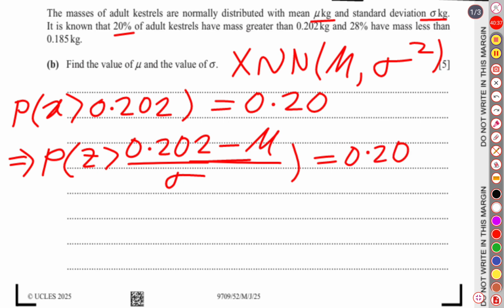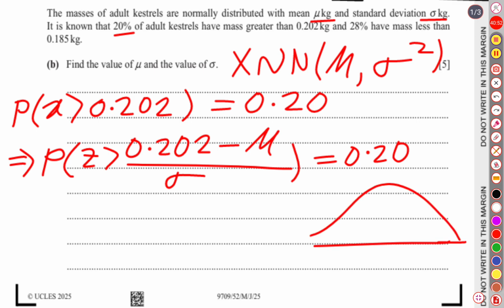Well, then we will have to analyze where the z-score lies, whether it lies on the left side or right side. Through the graph, we can explain this. If I show through a diagram, look at this. This is the graph. So here our probability is a very tiny part. It's 0.20 and on the right side of the z-score. That means this dark shaded part is our probability.